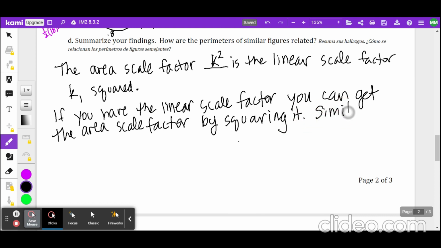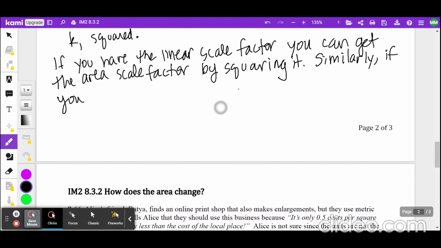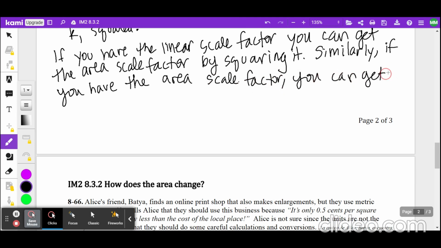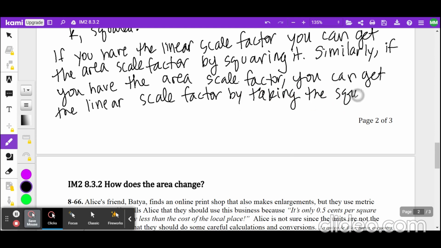Similarly, if you have the area scale factor, you can get the linear scale factor by taking the square root. Period. And then we close with one example.